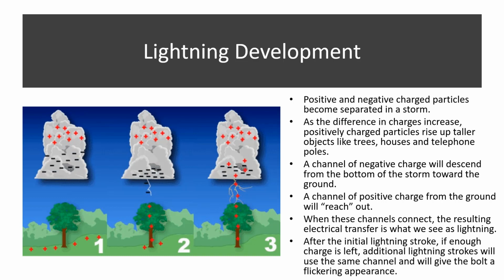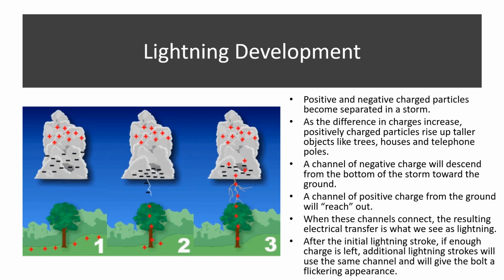Now we're going to look at how lightning develops. Positive and negative charged particles become separated in a storm. As the difference in charges increases, positively charged particles rise up taller objects like trees, houses, and telephone poles. A channel of negative charge will descend from the bottom of the storm toward the ground.